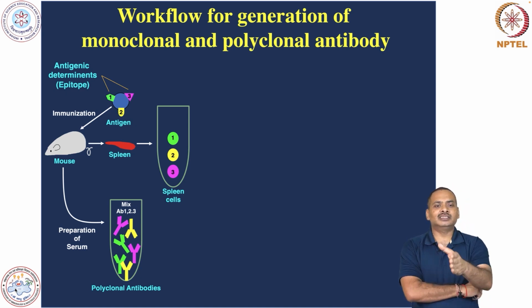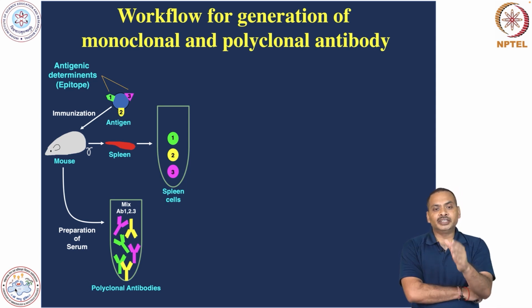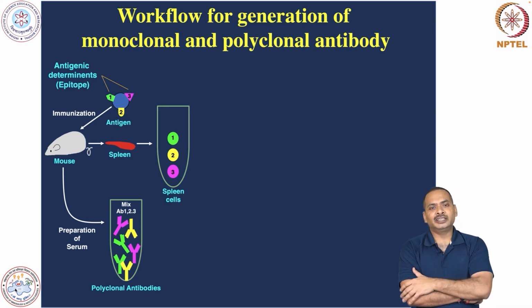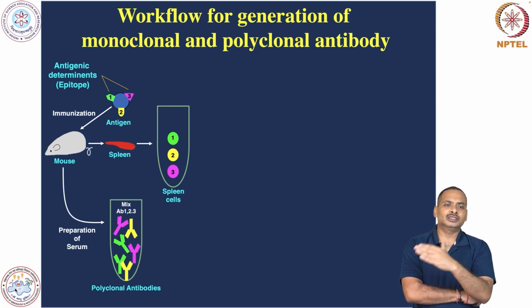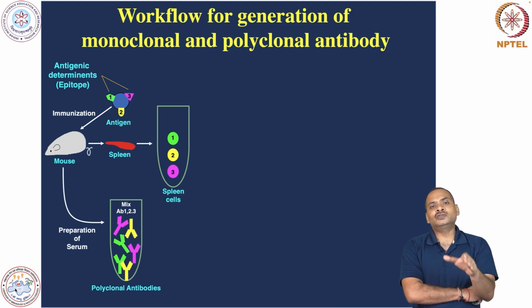Here you can see the spleen has three kinds of B cells, the green, the yellow and the purple. Green will make the green color antibody, yellow will make the yellow color antibody, and so on.